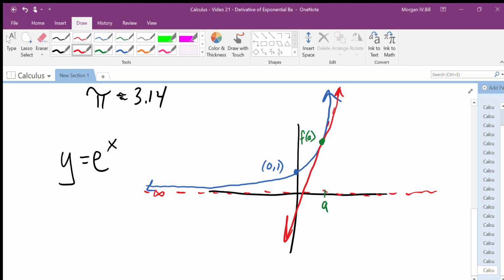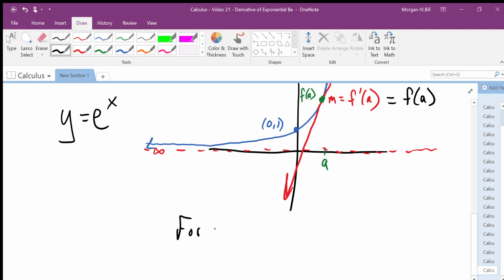The slope of that tangent line, remember the slope is given by f prime of a. The slope of the tangent line at any point on the function e to the x is equal to the y value at that same point. That ends up being really important.